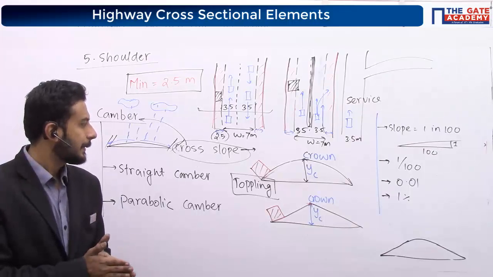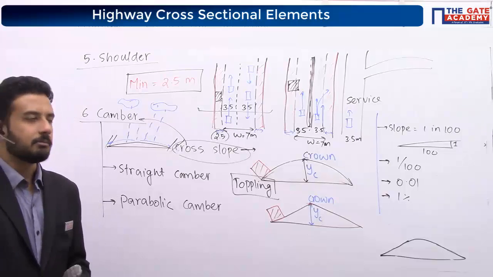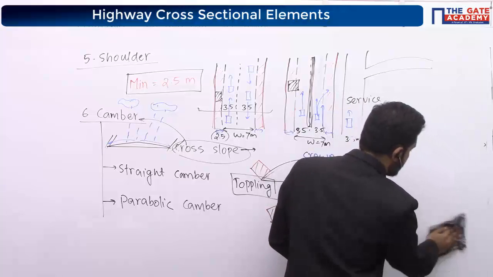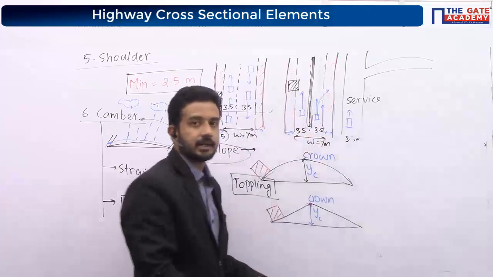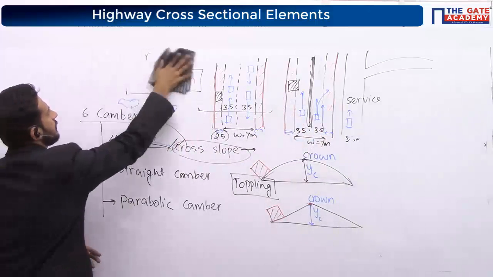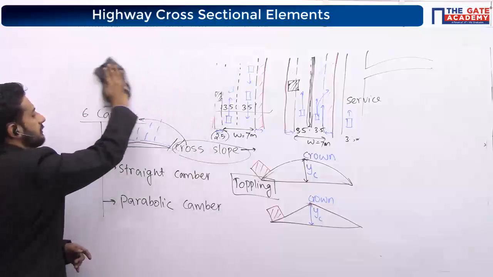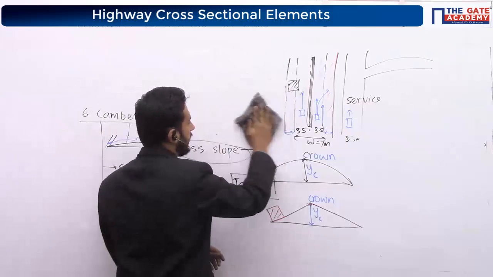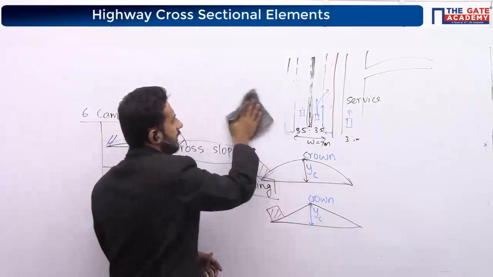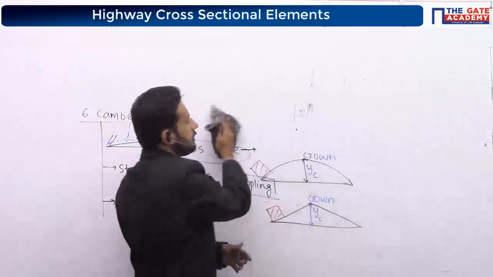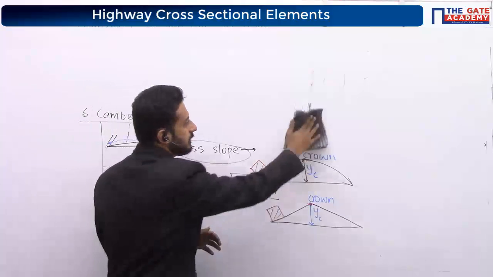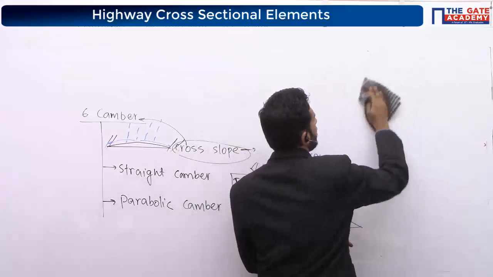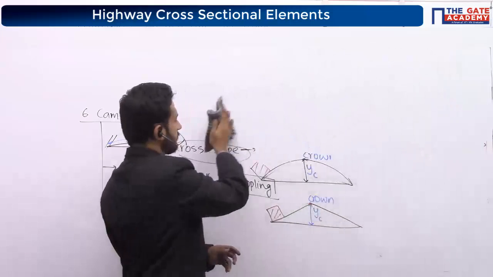For high speed vehicles, parabolic camber is better, but for slow moving vehicles, you can write in brackets, such as loaded trucks, there is a chance of toppling, since they have a tendency to use the edge portion of the road.